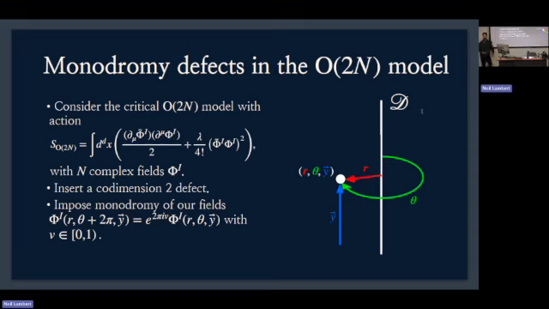So what that means is we take a codimension 2 submanifold, and we say that every time that we rotate around a defect, our fundamental fields have to pick up a phase. We parameterize using these kind of coordinates with theta as a coordinate around the defect, and we say that every time that we increase theta by 2 pi, we have to pick up a phase, which we write as e to the 2 pi i v, where v is a number between 0 and 1.